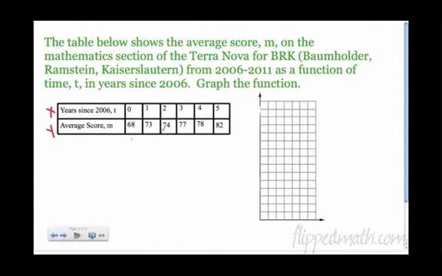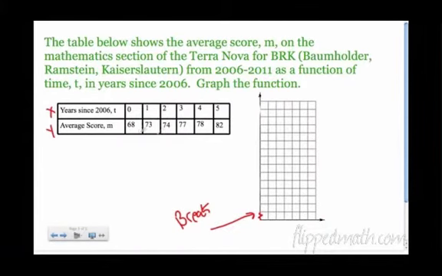Now, as you notice, these are really big numbers. I don't like really big numbers. If I went up to 82, all my numbers would be up here. So I'm going to do this little fancy trick where I make a squiggly line in the first one. That tells me there's a break right there. Now I'm going to come up with a graph.